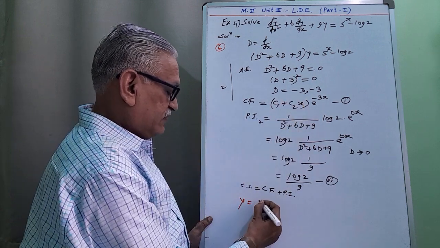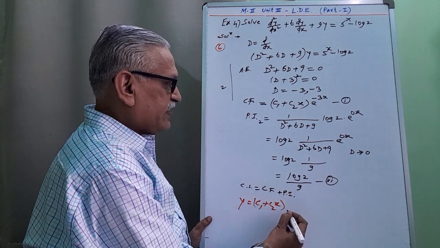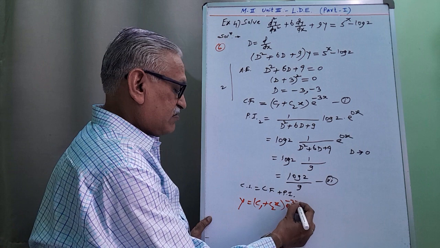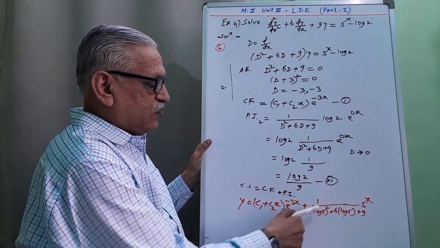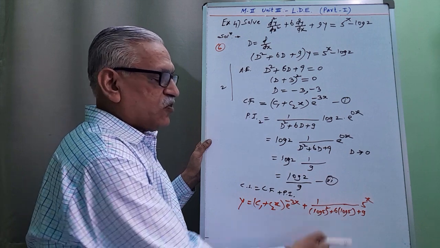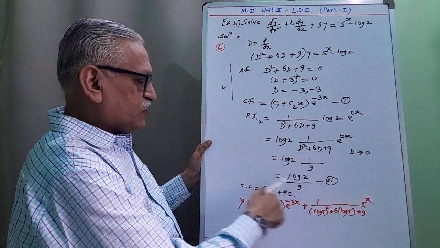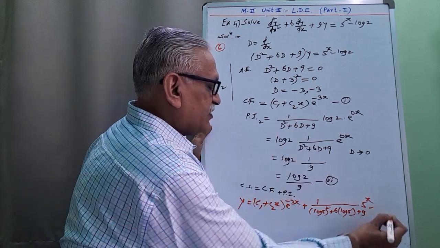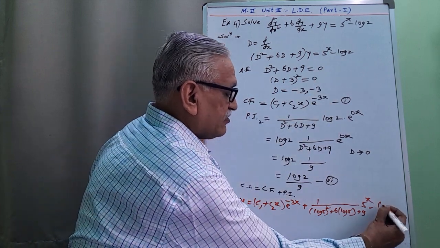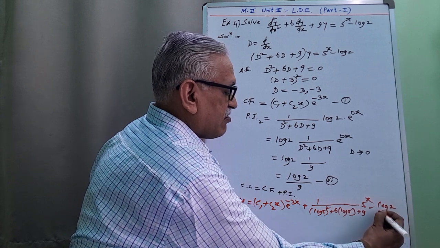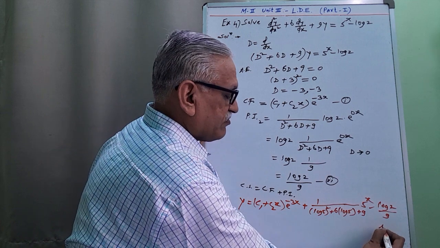CF is (C1 plus C2 x) multiplied by e raised to minus 3x, plus PI1, 1 upon (log 5) square plus 6 times log 5 plus 9 into 5 raised to x, and PI2, just because of the minus 10 sign, therefore it is with minus sign, log 2 by 9. Required answer.